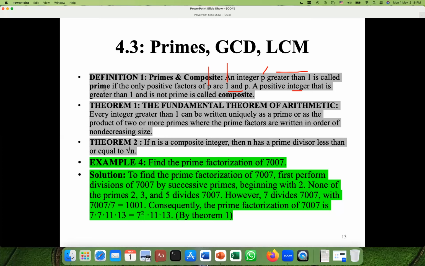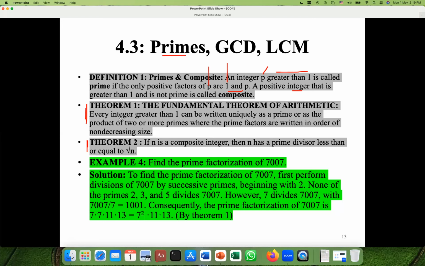And now we have the statements of two theorems related to this topic. The first theorem is saying that we can represent any integer greater than 1. So we are in the topic of primes, so you can expect statements related to primes.